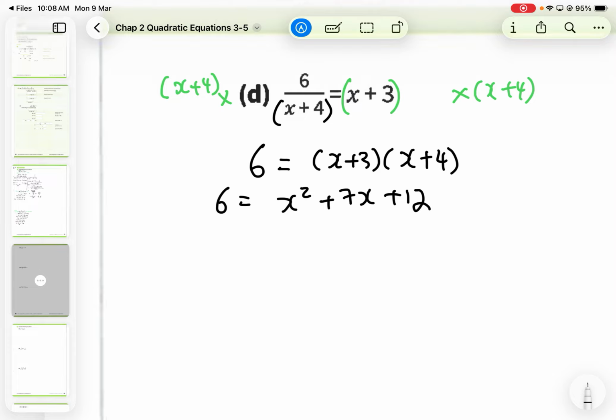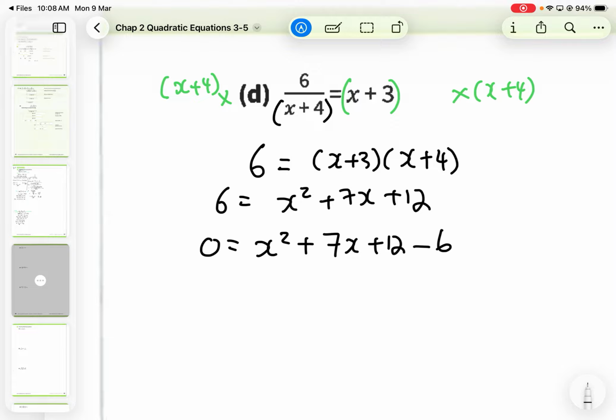Then put everything together. Okay, this time round, instead of moving everything to the left, actually I can move this 6 to the right. Then 6 come over become minus.